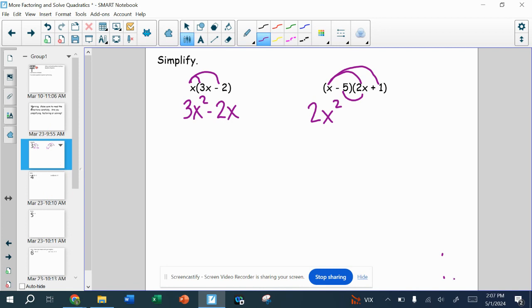So positive 1x, and I can write that out, plus 1x and minus 10x. And then we would have negative 5 and positive 1 would give me a negative 5. So I would want to combine my like terms right here, and I'll have 2x squared minus 9x minus 5.